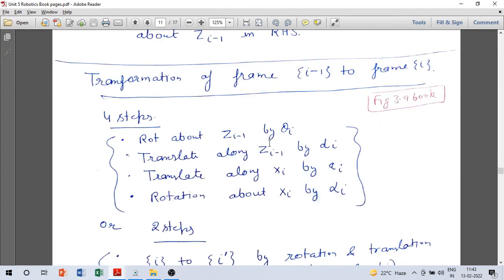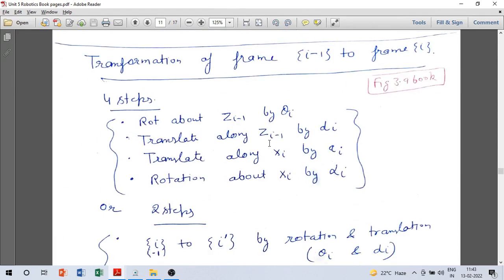So that was one part of the problem. And the second is, then we need a transformation from frame i minus 1 to frame i. We should be able to describe that. Previously we saw that if we have a rotated and a translated frame, then we can write a transformation matrix for mapping from one frame to another.